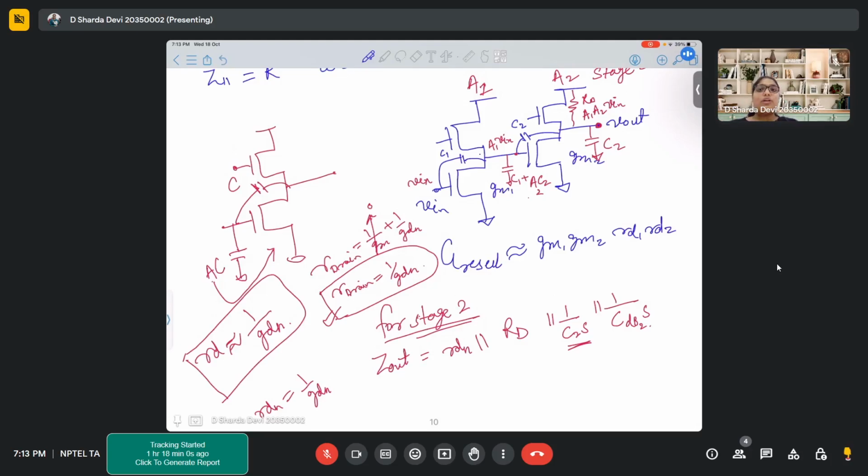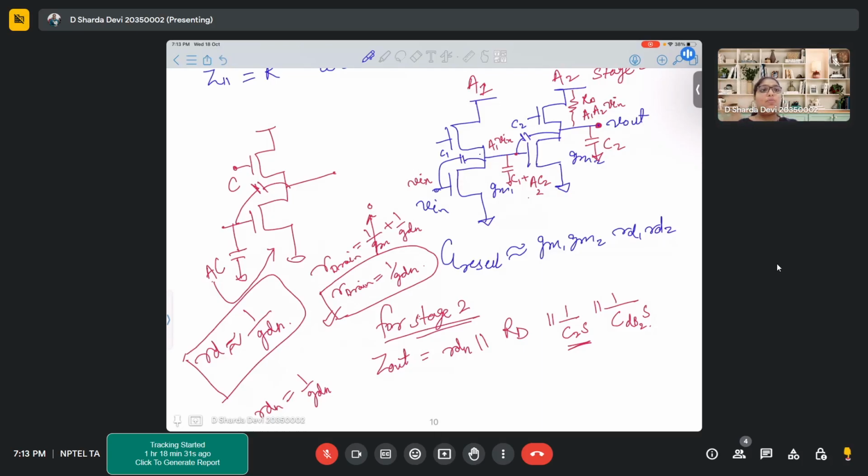If we want to bring two poles closer, that means we are reducing the value for one extreme pole to bring it closer. So we want to increase the value of resistance or capacitance, because we know the pole is 1 by RC.